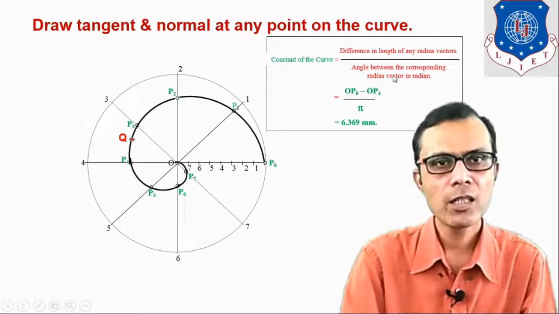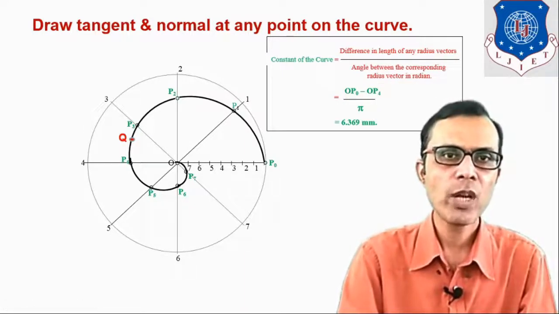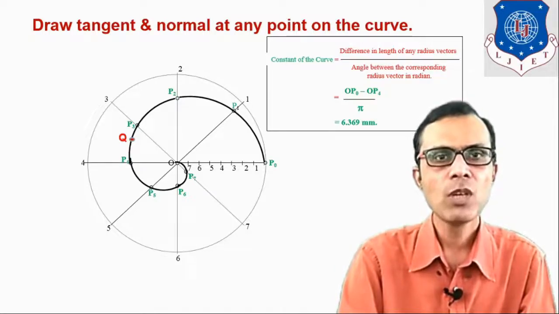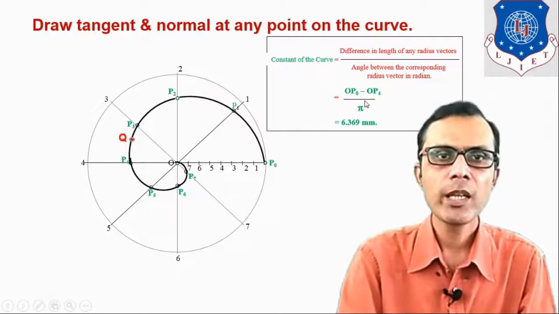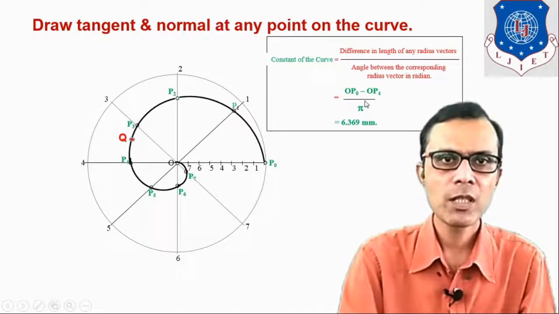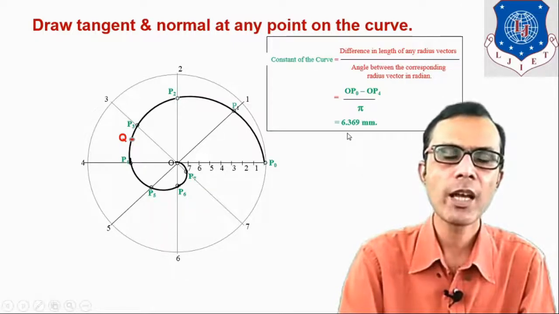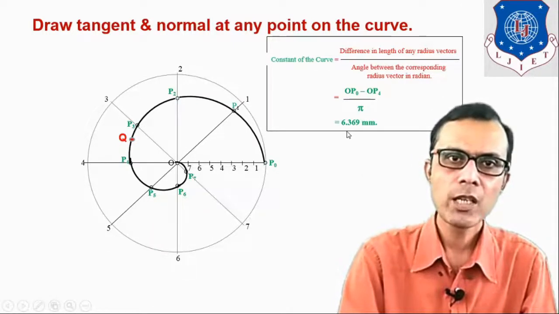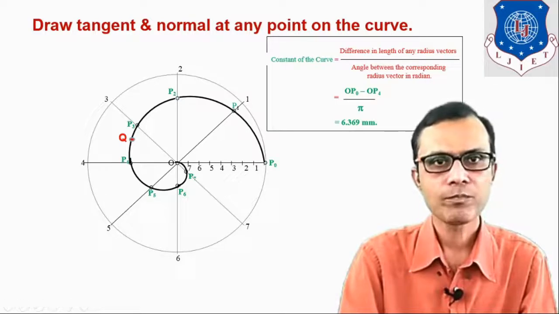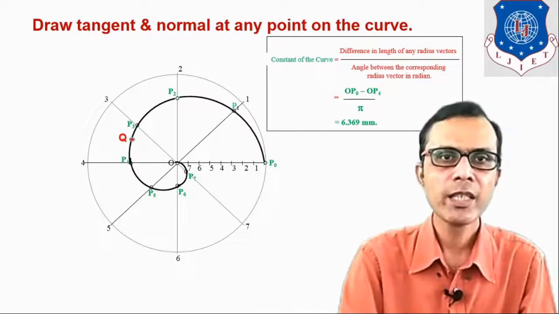So in radians the value of pi is 3.14. So OP0 minus OP4 divided by pi, taking pi equal to 3.14. If we substitute the values, we will get the answer 6.369. It is known as the constant of the curve, and it is generally denoted by C.